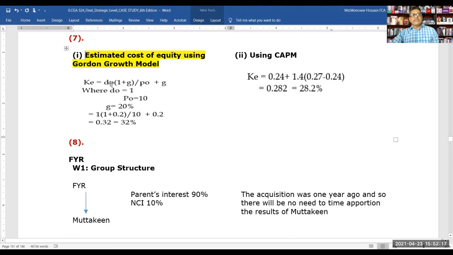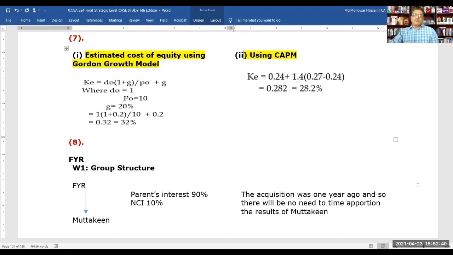If we put in all the values, P0 of 10 and growth rate 20%, we get 32%. For the CAPM model, the cost of equity is the risk-free rate of return plus beta multiplied by the market return minus the risk-free rate of return.